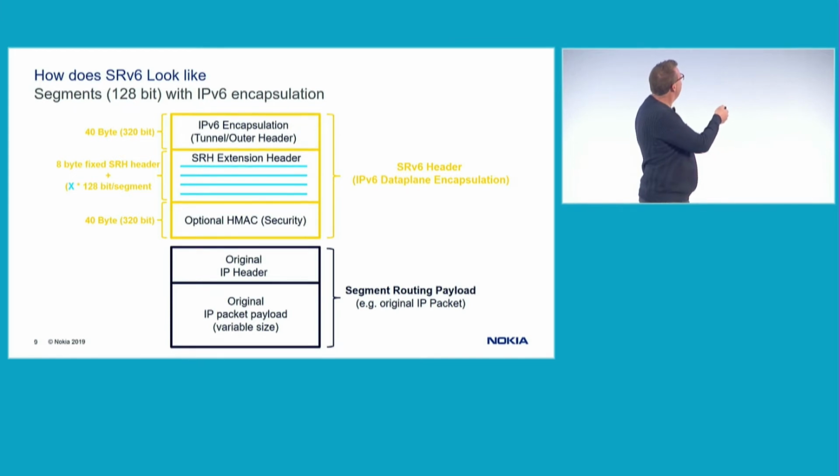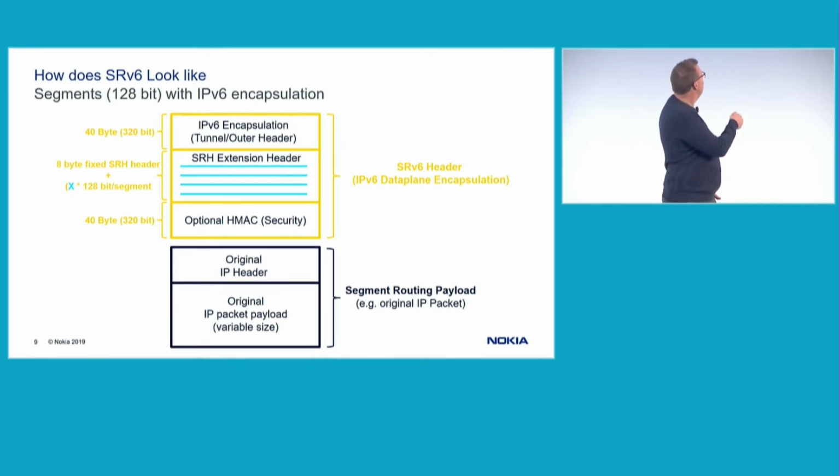And then we have our different segments, but in this case, segments are going to be, instead of 32 bits, 128 bits. And then, because we mix context with location, we may want to use, this is optional, an additional security header in here also. And if we are using it, it means 40 bytes extra.